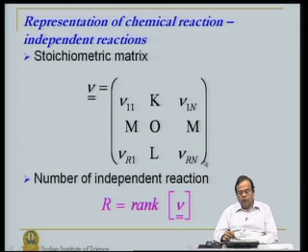For example, if you are considering any mass balance or mole balance, or any other analysis with this stoichiometric matrix, why have something more than what you need? First of all, if you had a 3 by 3 matrix, by considering only independent reactions we would have reduced it to 2 by 3, and reducing dimensionality is always of great help.